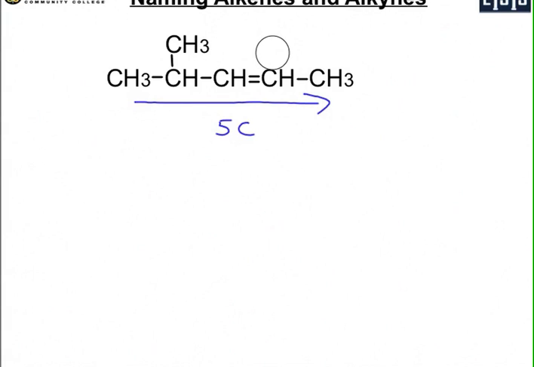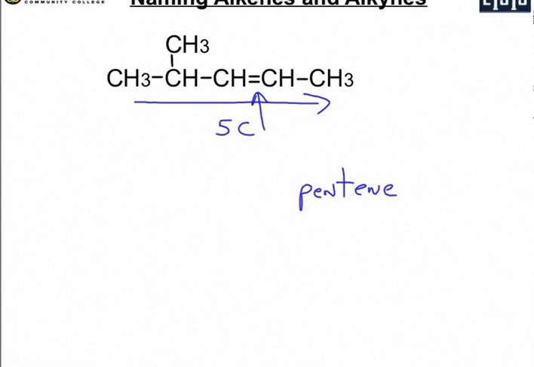So we know we have 5 carbons, so we know it's going to be a pent- as the root of this name. It's a double bond, so we're going to add -ene to the end, so we have a pentene. Now that gets rule 1 and 2.